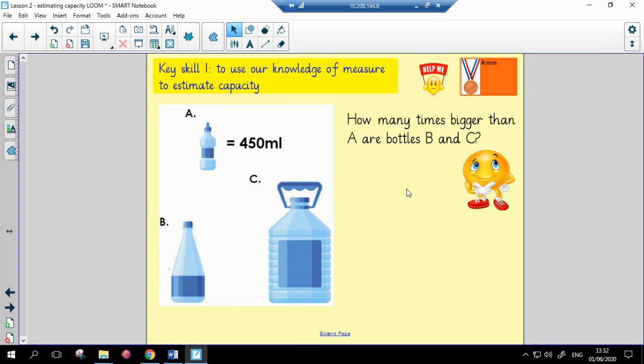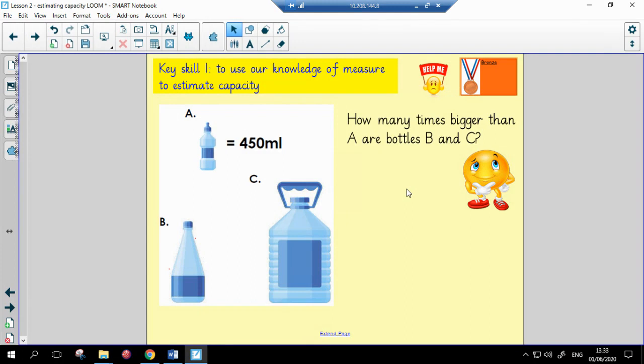Okay, so the question we have here is how many times bigger than A are bottles B and C? We're told that bottle A holds 450 millilitres. Bottle B, how much bigger do you think that is? Well, I think it's probably about 3 times as big as bottle A. And I would think that it would probably hold about 1,350 millilitres, which is 450 millilitres multiplied by 3.